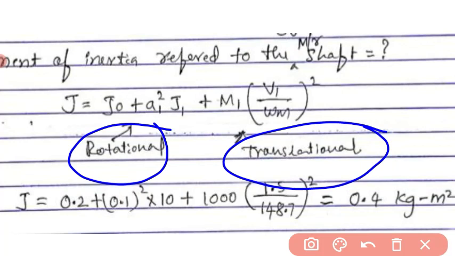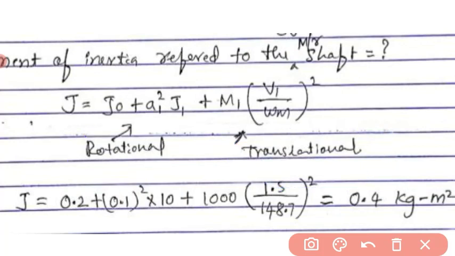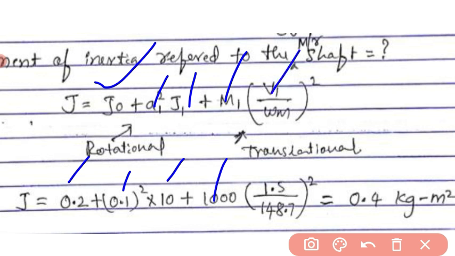Already we have all the given quantities here. J0 is the moment of inertia of the motor, A1 is the gear ratio 0.1, J1 is the moment of inertia of the load, mass m1 is for the translational motion, v1 is the velocity, given as 1.5, and omega m, which we just found from rpm, is 148.7, whole square.